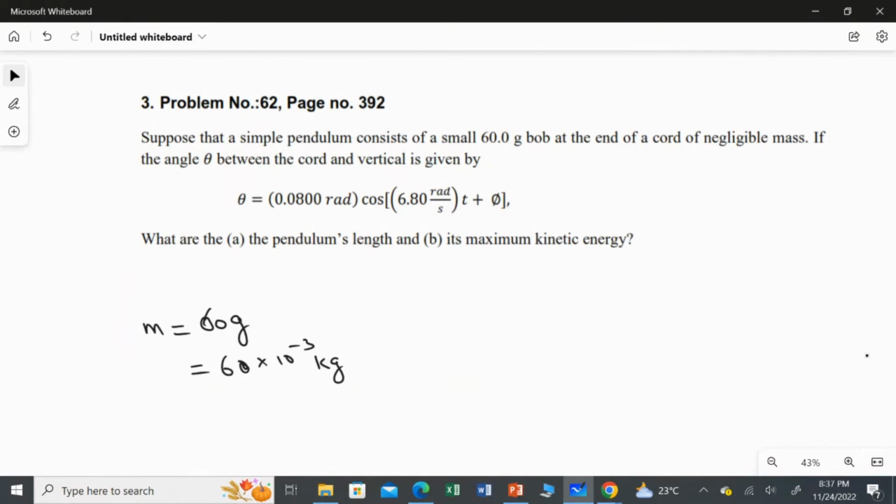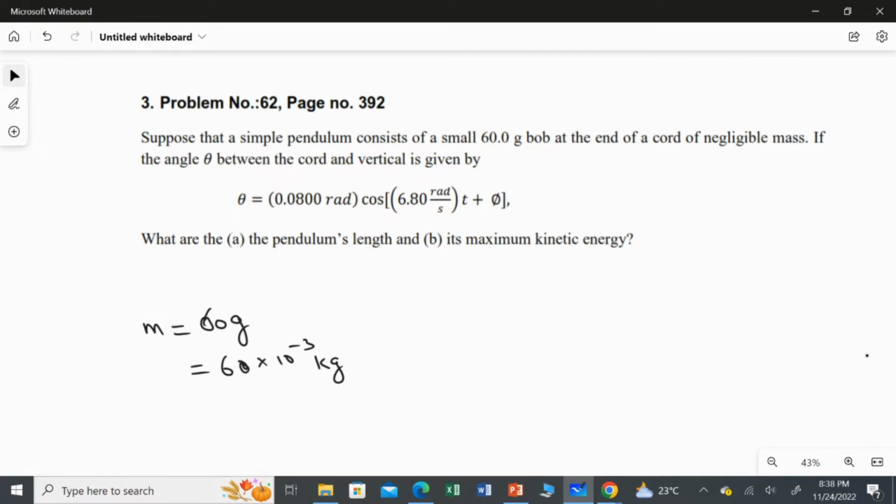So the 60 gram bob is at one end of a cord of negligible mass. So it is connected to a string, right? If the angle theta between the cord and the vertical is given by the equation theta equals 0.08 rad cosine of 6.80 radian per second multiplied by t plus the angle, right?